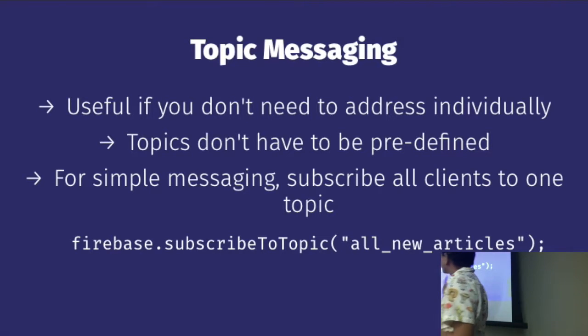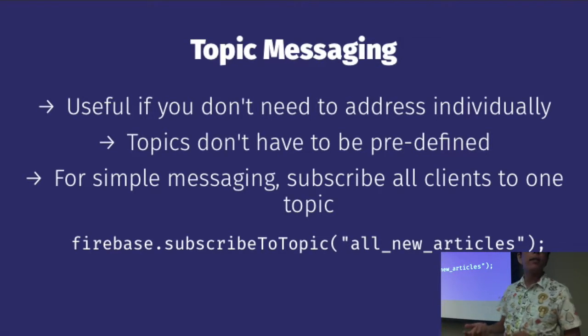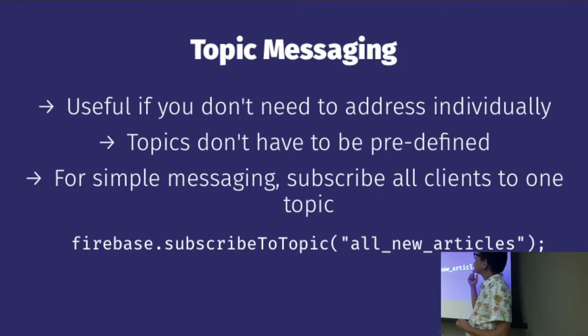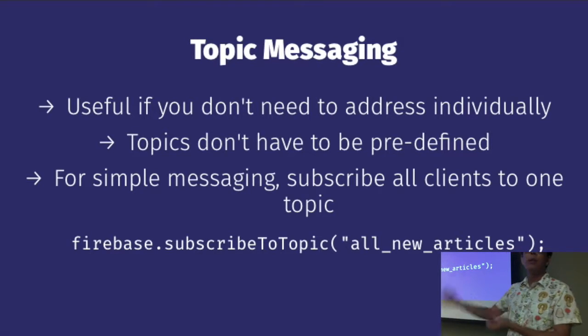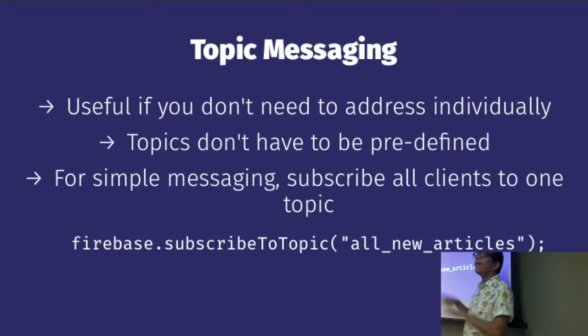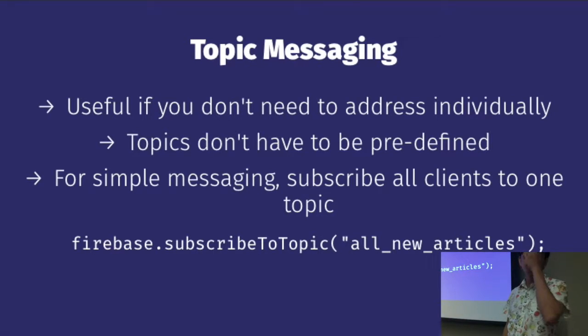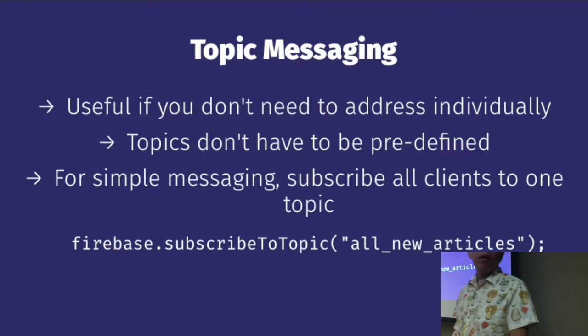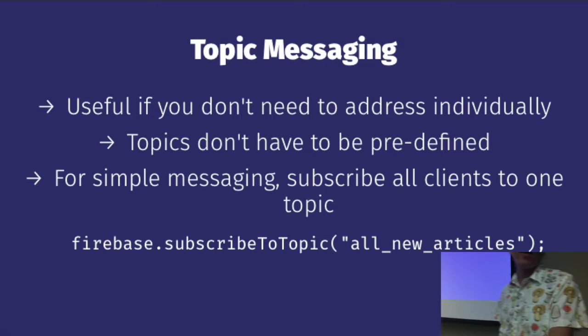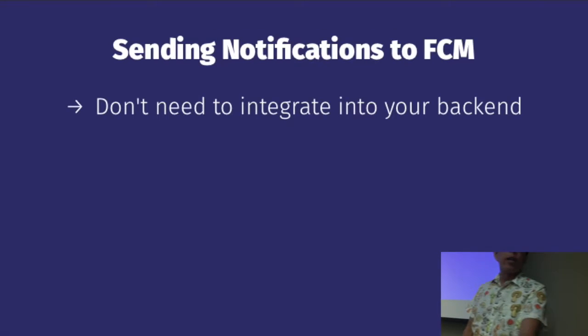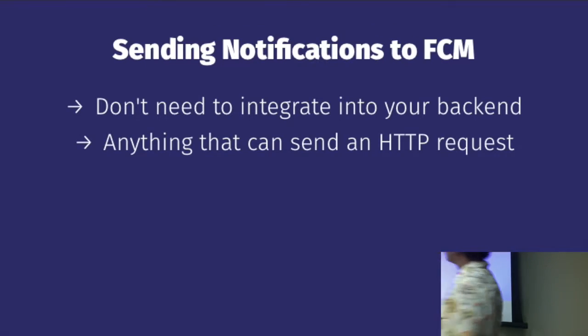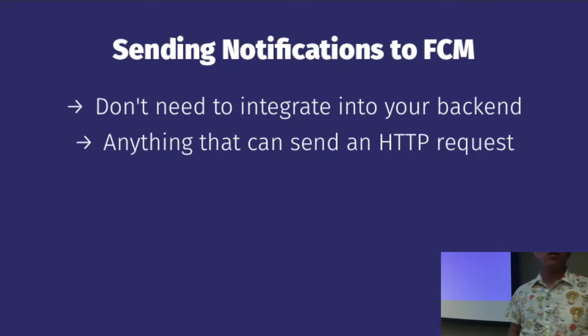In my particular use case, all instances of the app just subscribe to this topic. When I send messages, I don't send them to individual devices, I send them to this topic. Firebase takes care of sending to all of those. So I don't have to deal with that registration token at all. And to actually send the message, as I was saying before, I didn't need to integrate it into my backend. You can just do it with anything that can send an HTTP request, because it's just an HTTP protocol with JSON body payloads.